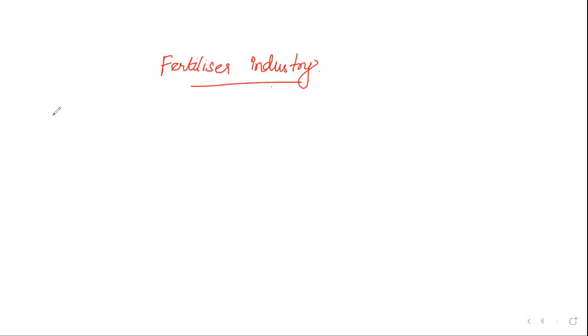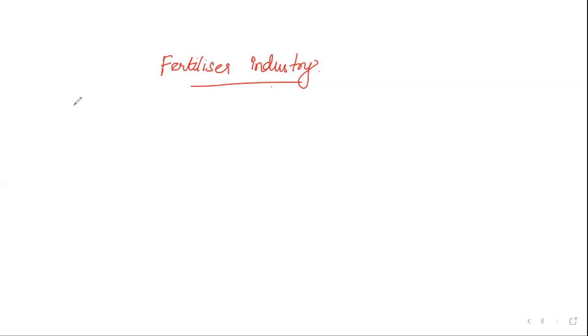Fertilizer industry. Of course, as you all know, India is the largest market. For any industry we take, we first think about markets. In terms of fertilizers, which is the largest market? India. Whatever fertilizer that we produce, we mostly use it for local consumption only. Yesterday we spoke about the same point with respect to the cotton textile industry also.